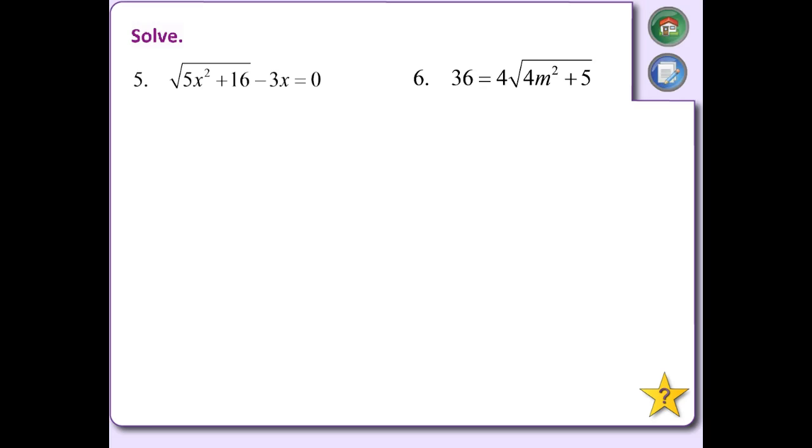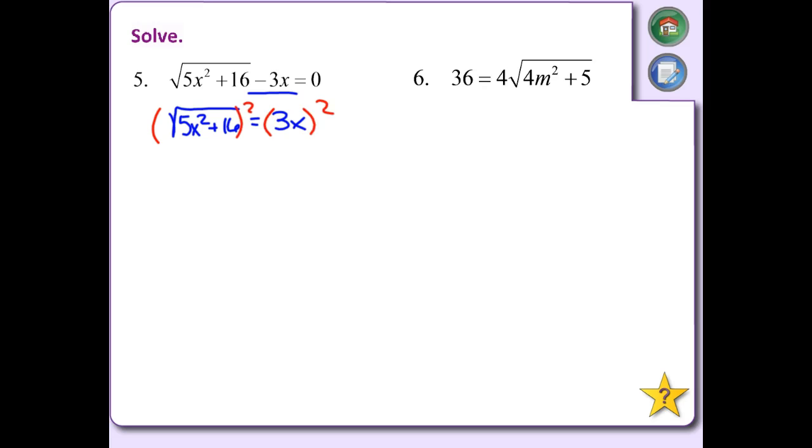Okay, once again, when you're looking at number 5, we've got some fluff there. We've got some things that aren't in the house, so we're going to have to move that over. So we're going to have the square root of 5x squared plus 16 equals 3x. Now I can square both sides.